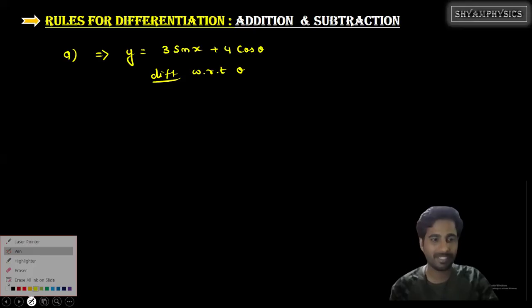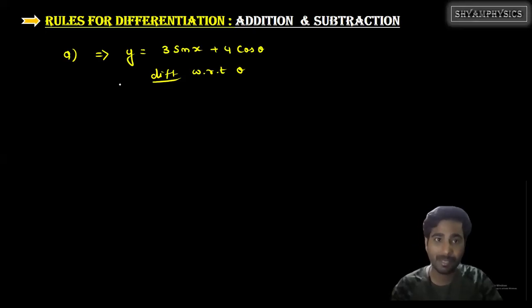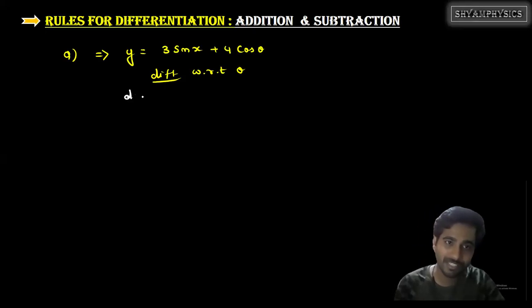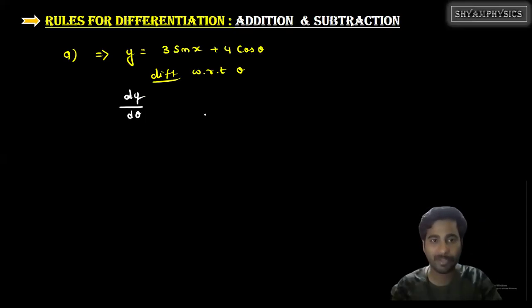I'm saying differentiate with respect to theta means we have to differentiate this y with respect to theta, not with respect to x. First, here it is d by d theta of 3 sin x. Plus the second one, 4 is a constant, you may take it outside, and d by d theta of cos theta.